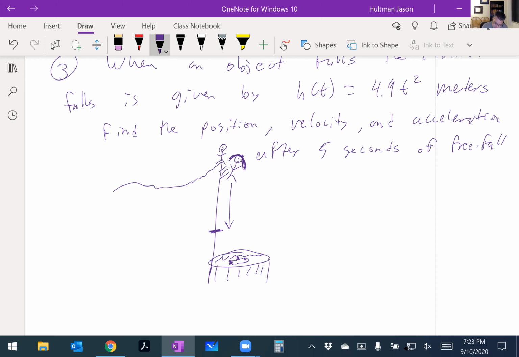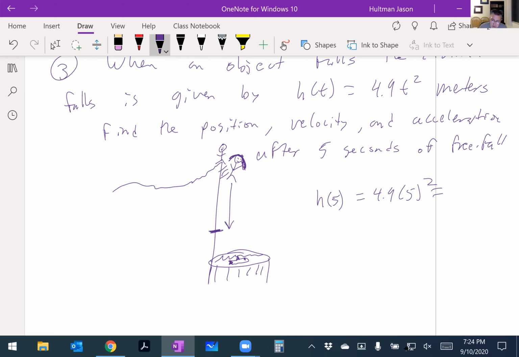But let's see how much she travels in this 5 seconds. So h of t is equal to 4.9 times 5 squared. Let's do h of 5. How far has she traveled?